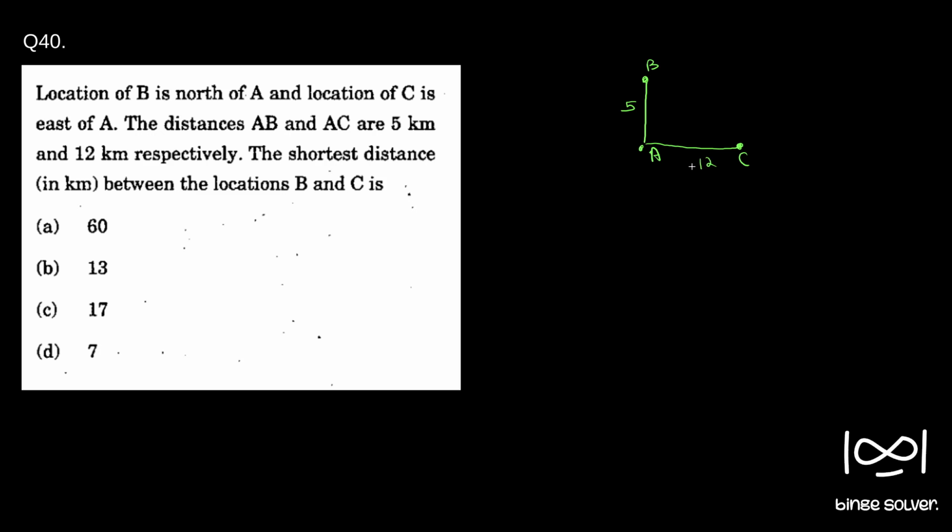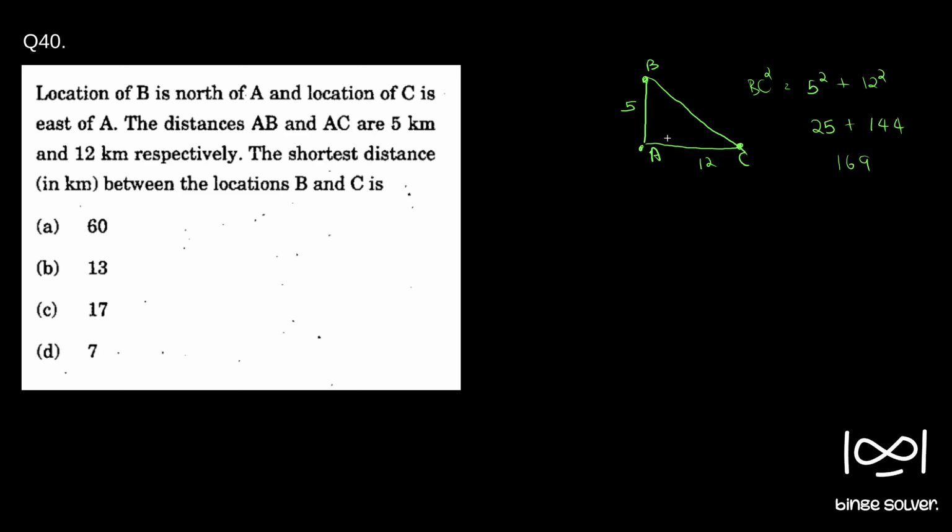The shortest distance between location B and C is just the hypotenuse theorem. So BC square is equal to 5 square plus 12 square, which is 25 plus 144, which is 169.